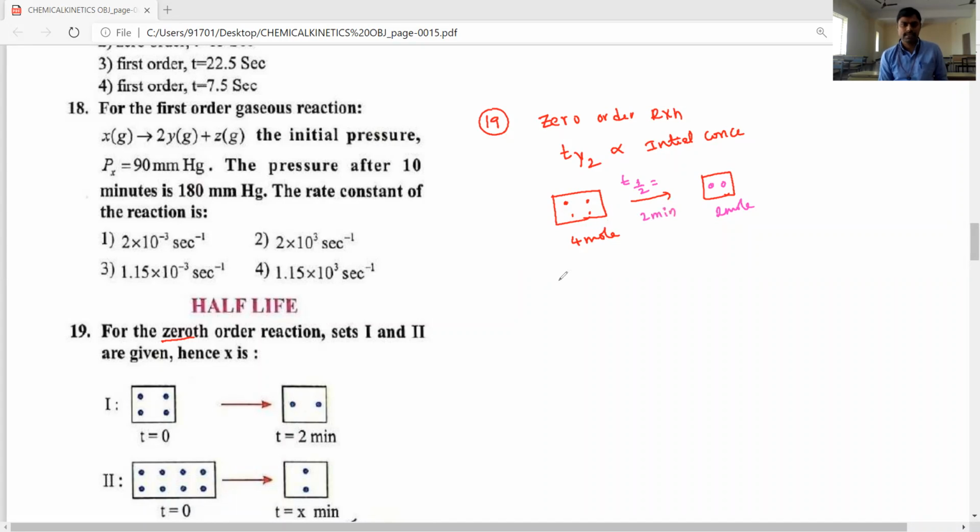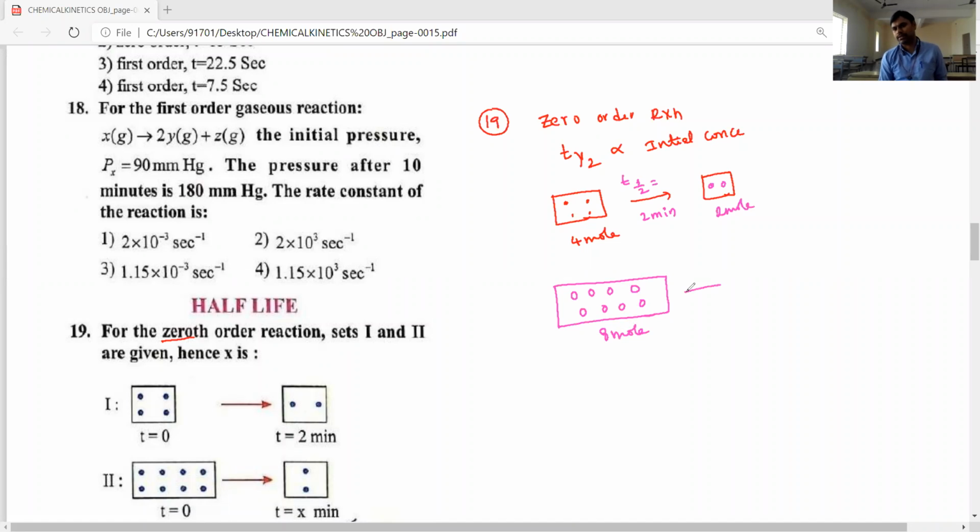In the same way, in a reactant having 8 moles instead of 4 moles, these 8 moles are converted into 2 moles.